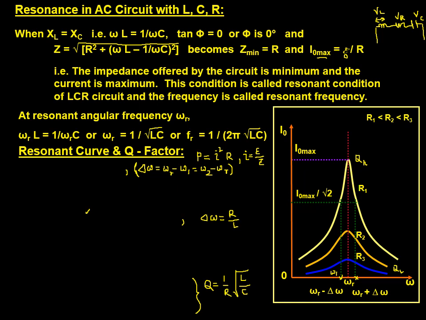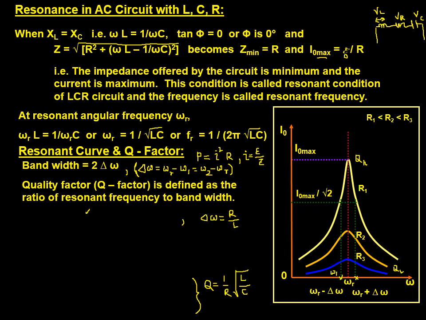The difference between this omega 1 and omega 2 is called the bandwidth. So we can write one quantity called delta omega is equal to omega resonance minus omega 1, or omega 2 minus omega resonance, that is known as the half the bandwidth. So total bandwidth is 2 delta omega.